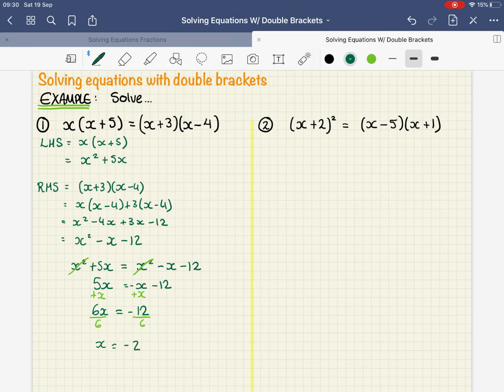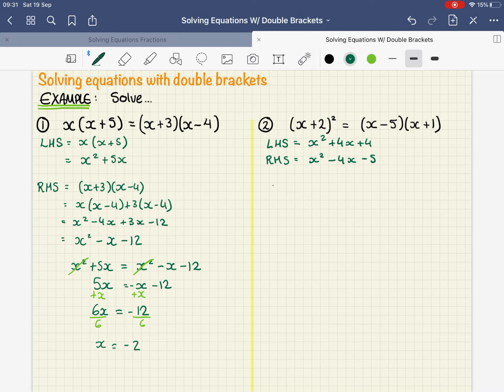So same idea over here. I want to expand both sides. When I expand the left-hand side, you would get x squared plus 4x plus 4. And when expanding the right-hand side, you would get x squared minus 4x minus 5.